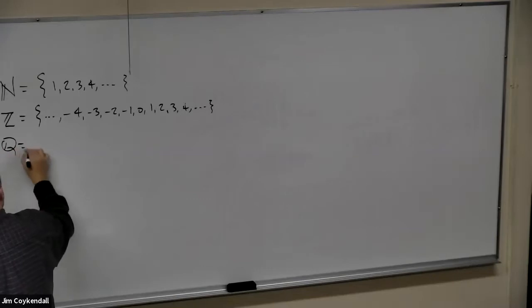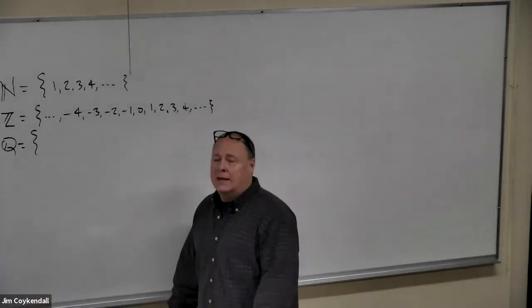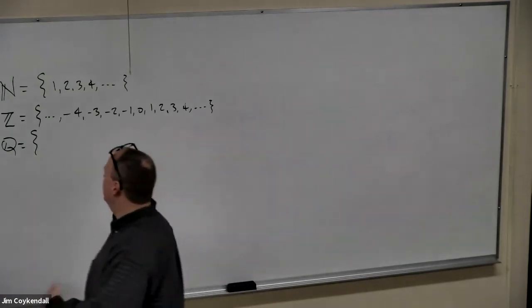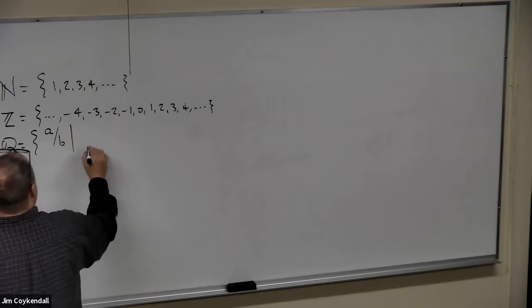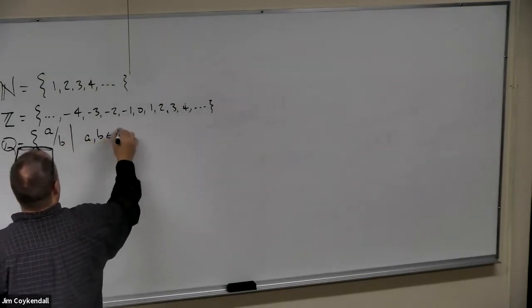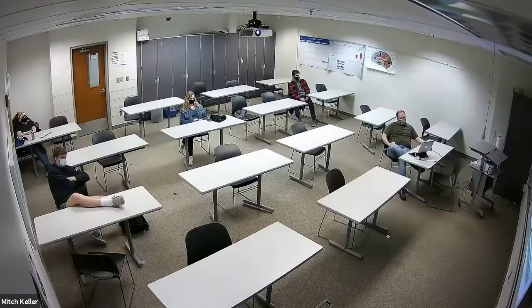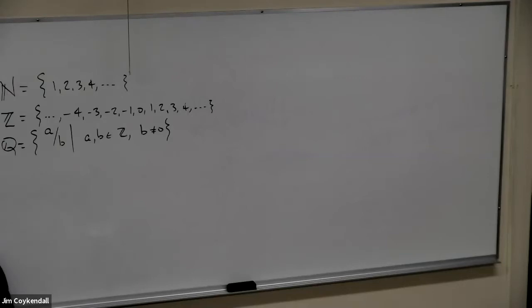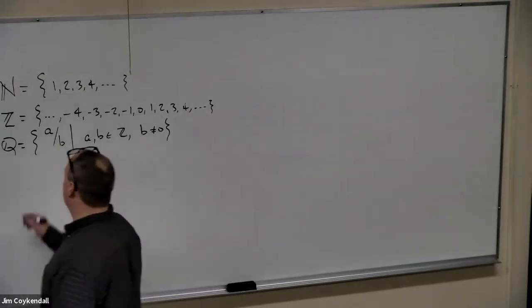The rational numbers. I can't in an easy way write this down in the same way I did before. Rational numbers are fractions where both the numerator and the denominator are integers, and the denominator is not 0. And then the real numbers.